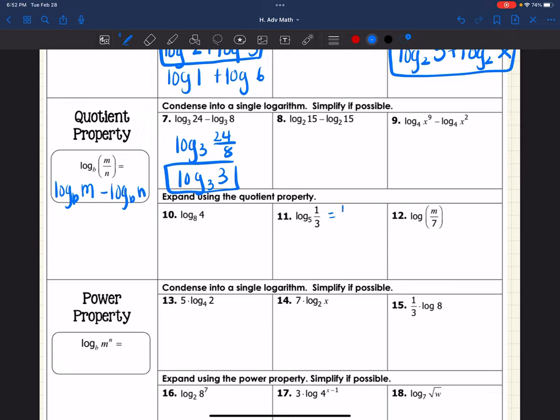So 1 times 15 is 15, 3 times 15 is 45. So you can think about this as log base 5 of 15 minus log base 5 of 45, because according to your quotient property, since you're subtracting them, you would take 15 over 45 and divide them, and 15 over 45 is equal to 1/3. So that is one potential answer, but like I said, for expanding, the answers can vary.